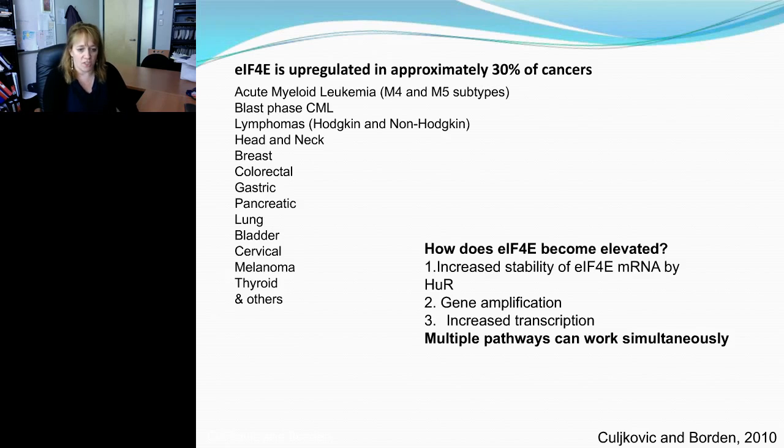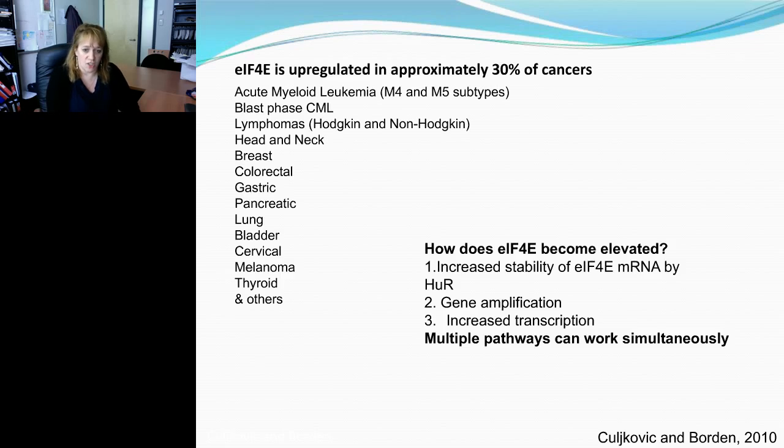Now, a basic question clearly is, how does EIF4E become elevated? There's a wide variety of ways this can happen, and I've only listed 3 here, but there are undoubtedly many more. Increased stability of 4E RNA by a factor called HuR is one way that 4E levels become elevated in cancer.